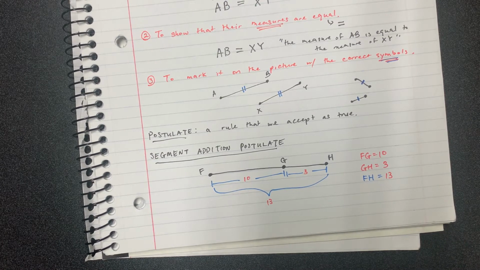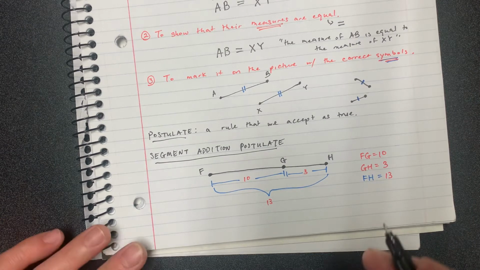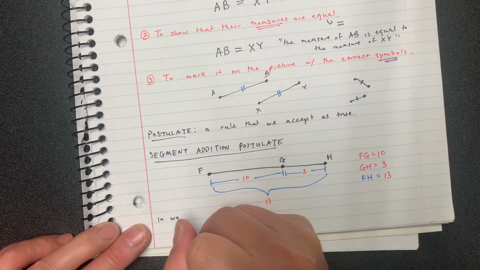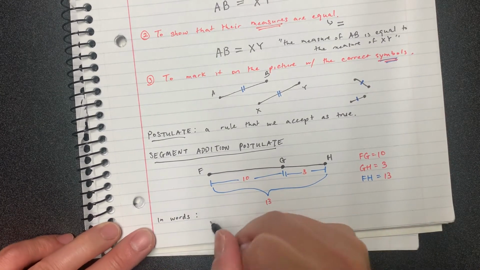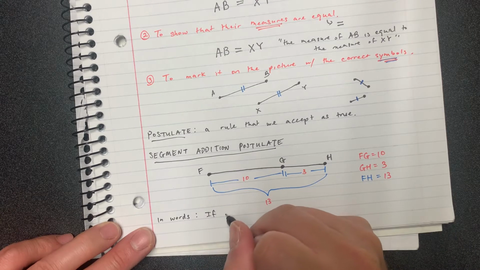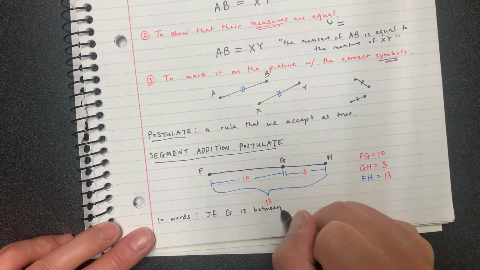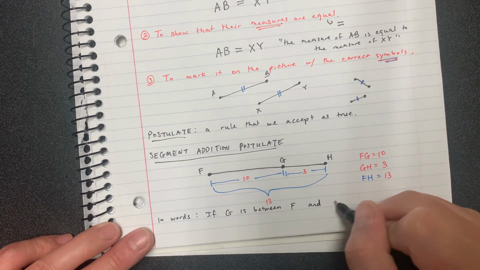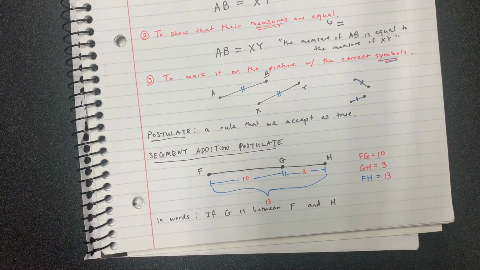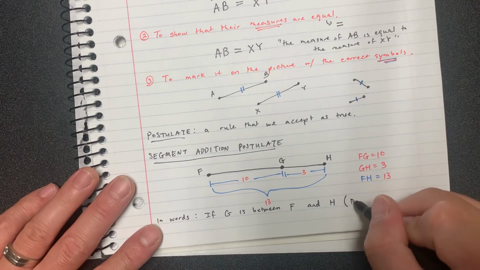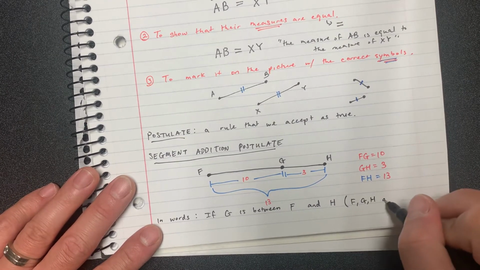So here's what the segment addition postulate says in words. If G is between F and H, and by the way, F, G, and H are collinear.